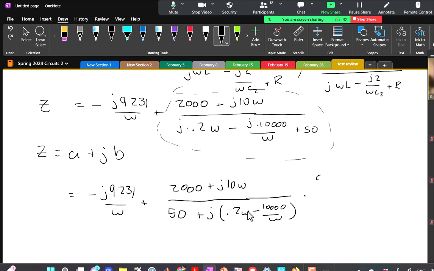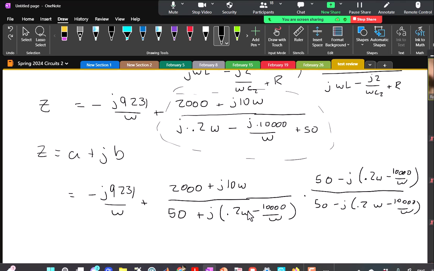So then I can multiply by the conjugate, which is 50 minus j times 0.2 omega minus 10,000 over omega, over 50 minus j times 0.2 omega minus 10,000 over omega.